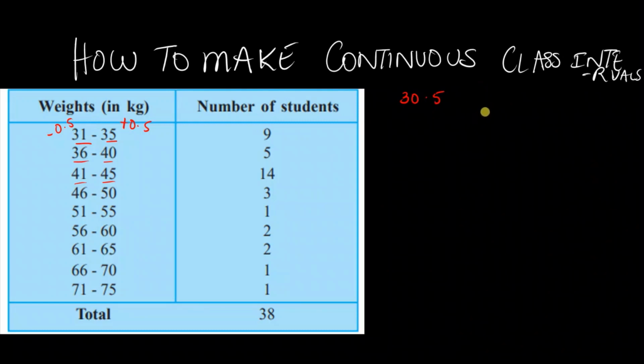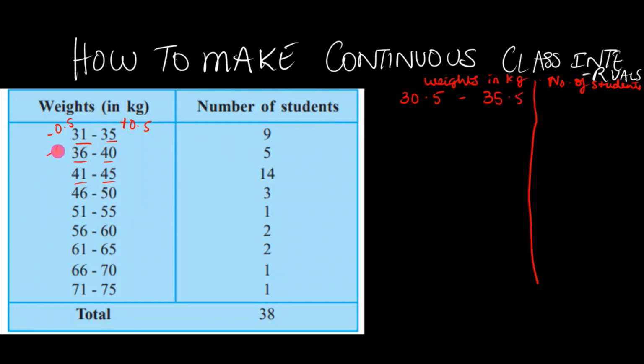And 35 plus 0.5 will be 35.5, correct? So we are putting a new table here, weights in kg, and here we have the number of students. We'll fill this number of students column later. First we will make it continuous.